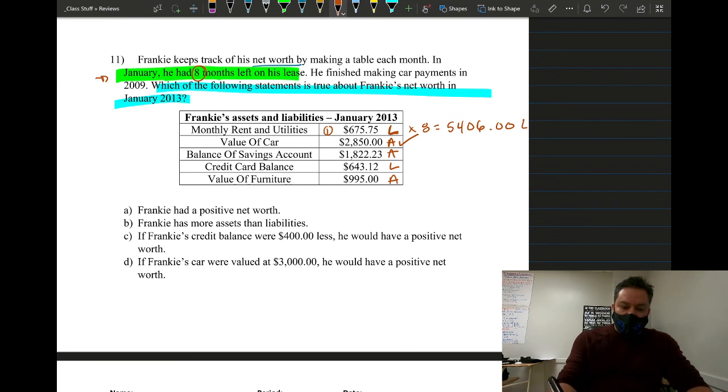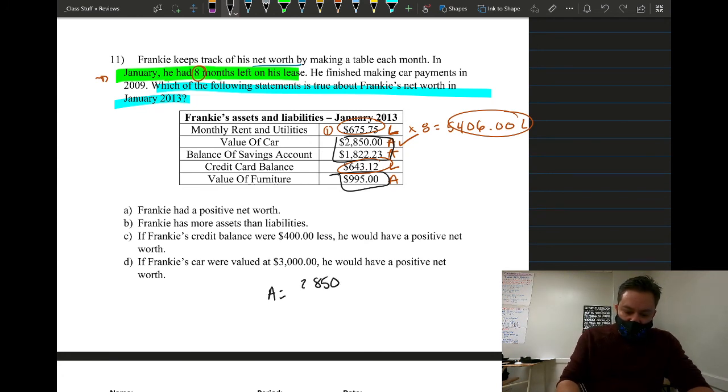So I'm going to combine again all my positives, all my assets right there. And then I'm going to combine all my liabilities. So let's do the assets first. The assets are going to be 2,850 plus $1,822.23 and $995.